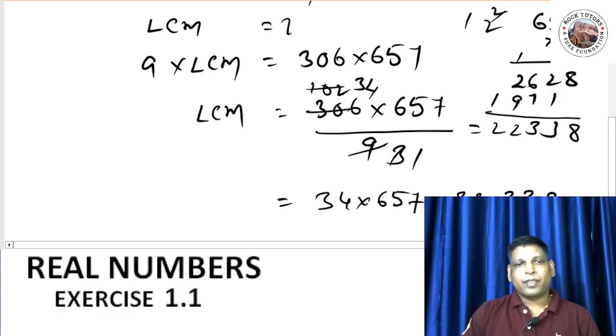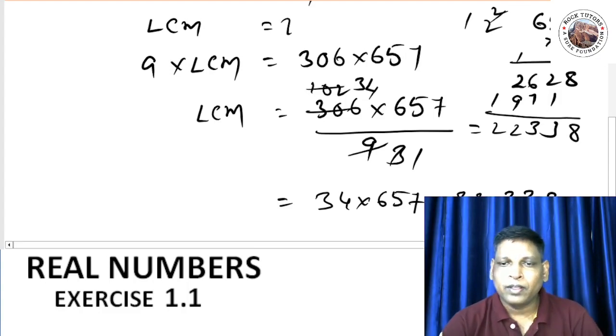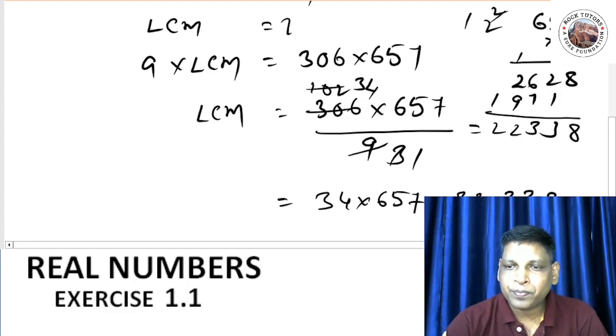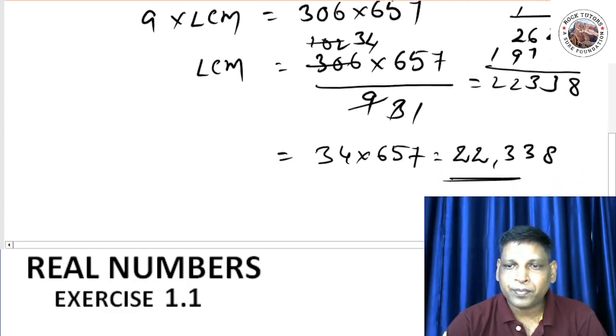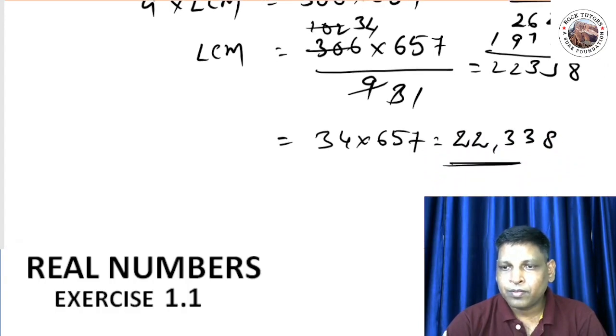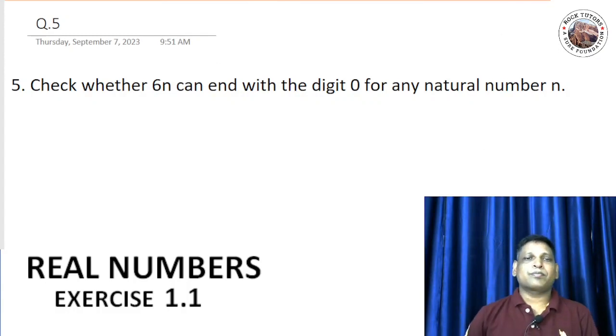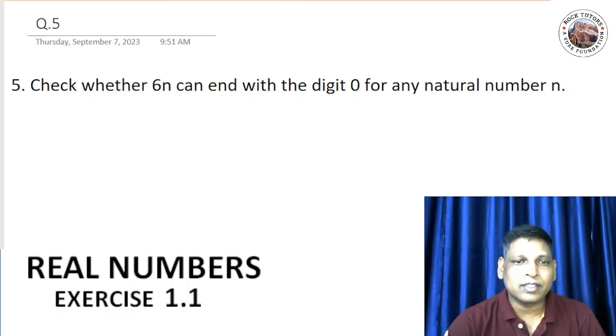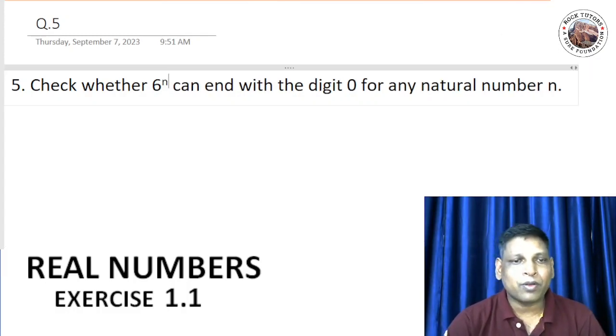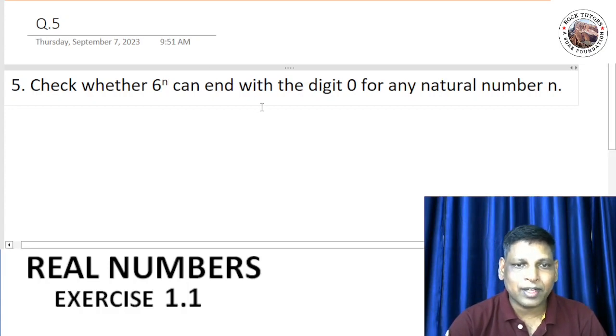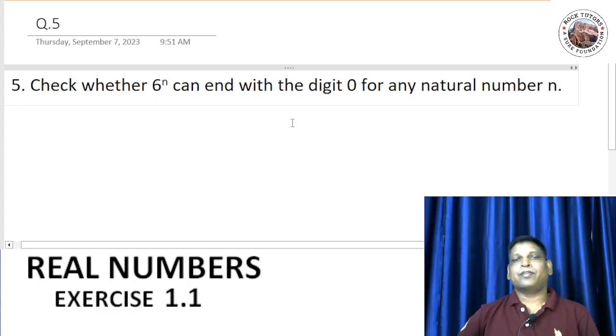Got it? Next question. Fifth question. Check whether 6 power n can end with the digit 0 for any natural number n.